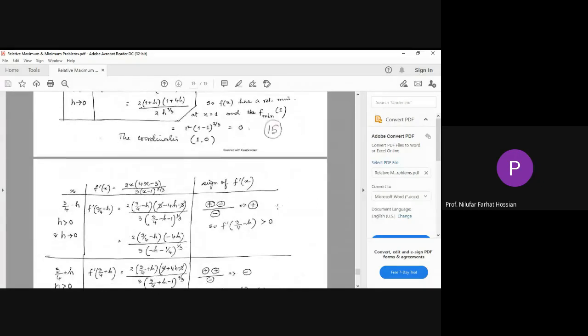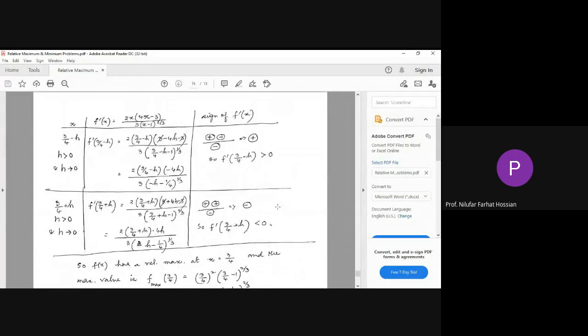Now what happens for x equal to 3 by 4? So 2 into 3 by 4 minus h and 4 into 3 by 4 minus h. That means 3 minus 4h, right? Because h should be multiplied by this 4. H is a very, very small number, so it is definitely less than 3 by 4.